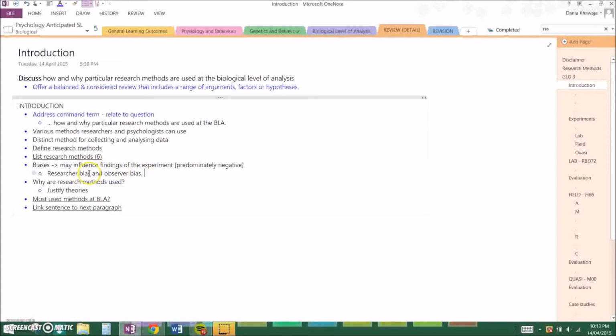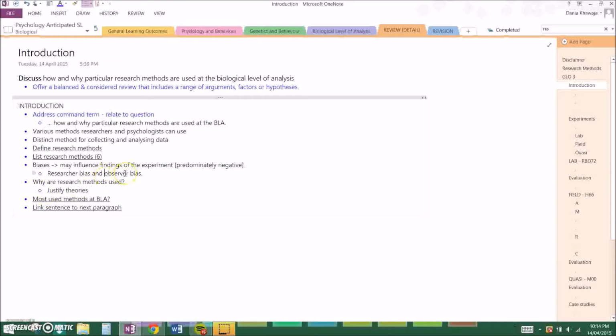Researcher bias is basically when the researcher knows the true aim of the experiment, and they kind of dodge in demand characteristics to specifically change how the participant will act. This is demonstrated accurately in Loftus and Palmer 1974. And observer bias is when the participant knows the true aims of the experiment and they act accordingly. And this is often reasons why deception is used and informed consent can't be fully given.